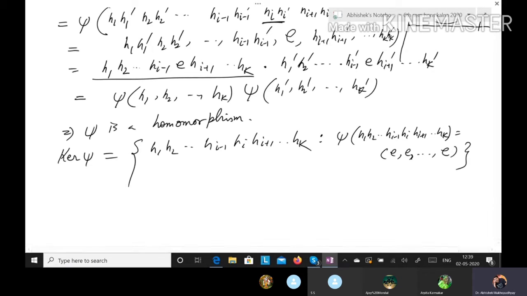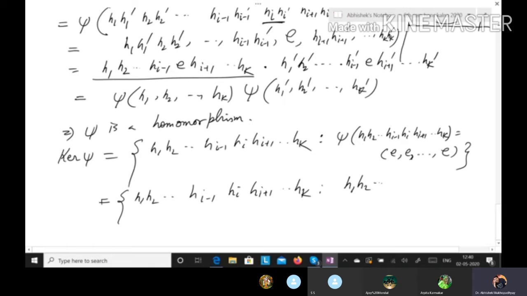So therefore, this means that h1, h2, hi minus 1, hi plus 1, hk, and this is h1, h2, comma hi minus 1, identity, hi plus 1, hk goes to e, e, e.